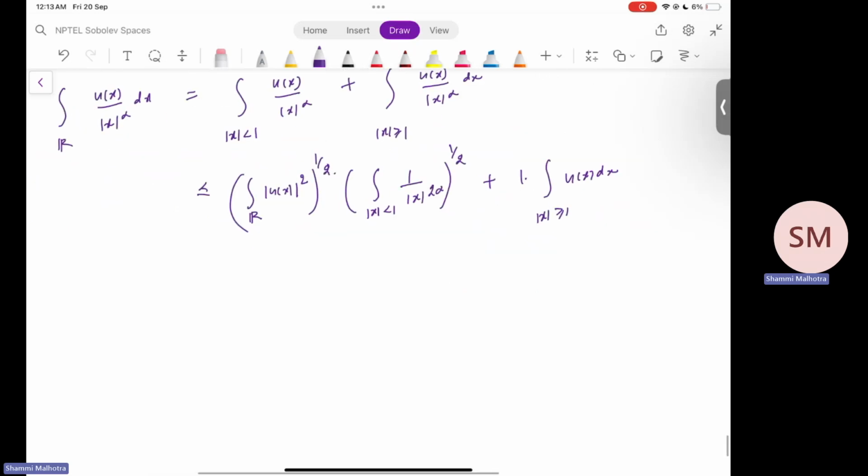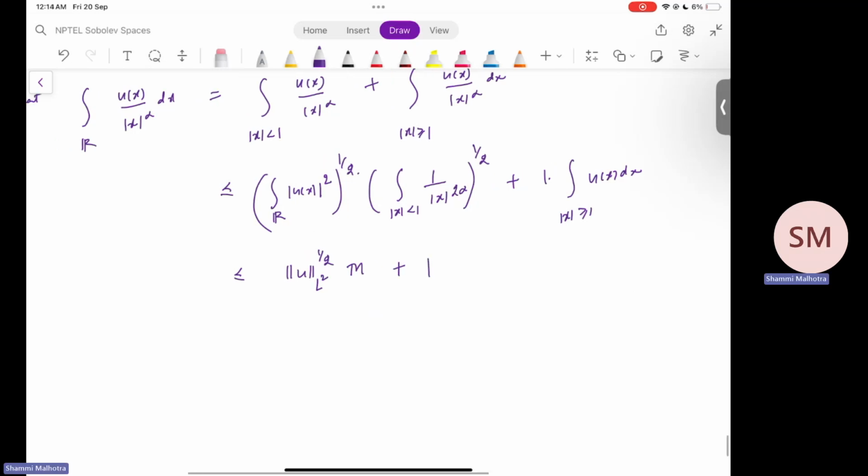Now since u belongs to K, we will ultimately have this u L2 norm to the half power. It will be some constant, so let's take this constant to be some m, and then this thing I know is less than or equal to 1.